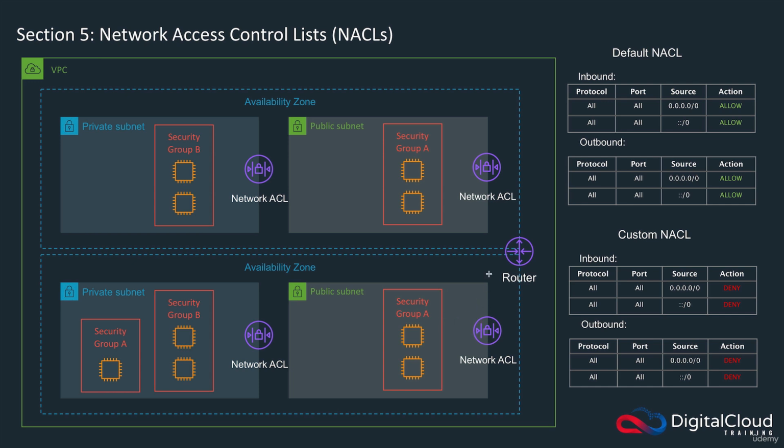So the network ACL is hosted on the VPC router and logically is associated with the subnet. Network ACLs filter based on ingress traffic, so traffic coming into the subnet, and egress traffic going out of the subnet. So inbound and outbound essentially.